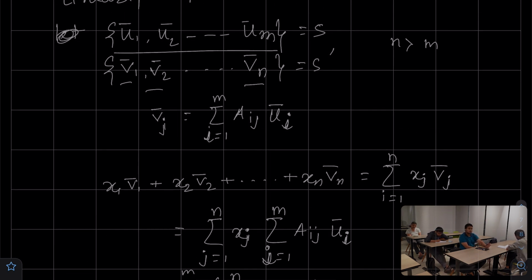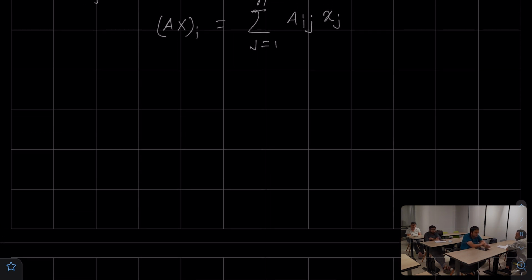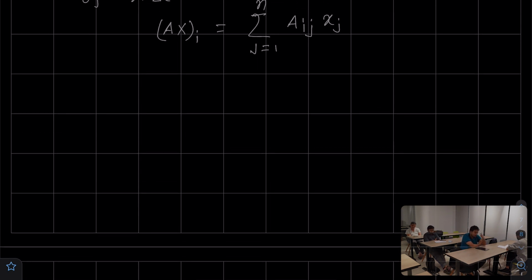Okay, so now we already know that n is greater than m, right? So for n greater than m, we know a theorem.